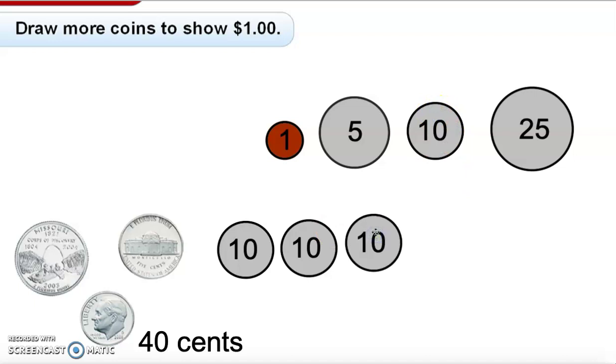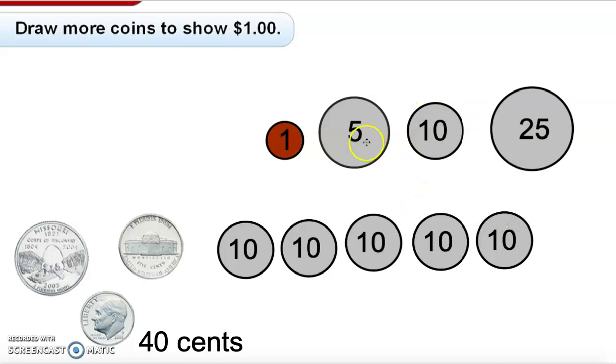Another one would be 70 cents. Okay? And then let's say I added another one. 80 cents. 90 cents. And then maybe I can do some nickels as well. So now I have 95, and then I'm going to add some pennies, because what if I don't have another nickel? So 1, 2, 3, 4, 5.